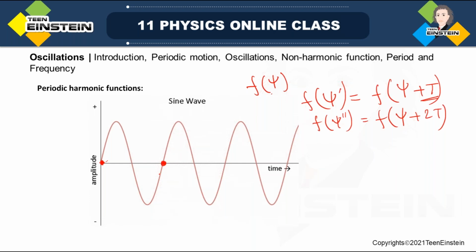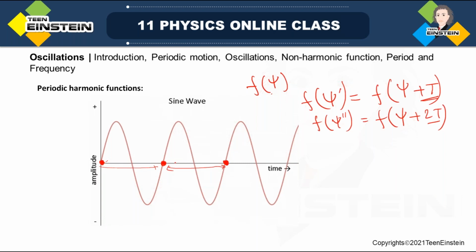Again, after two time periods, see, one time period is this one, another this one. After that also the object will be here somewhere. It is changing its position, but since it is going an integral multiple of the time period, the value of the function is not changing.